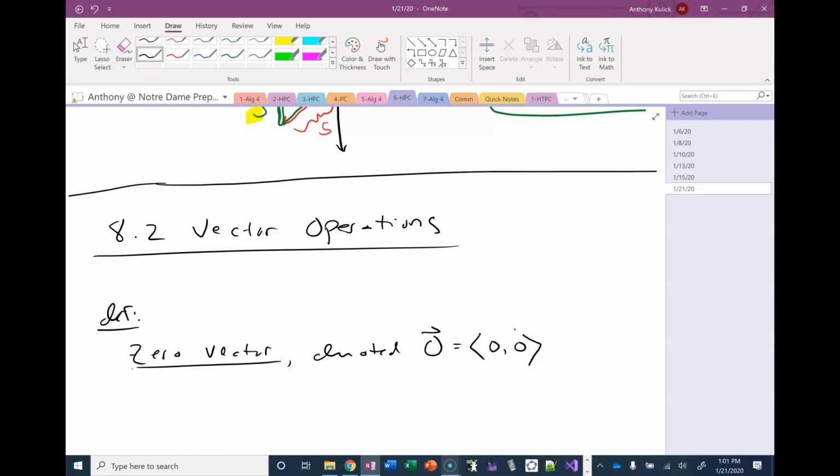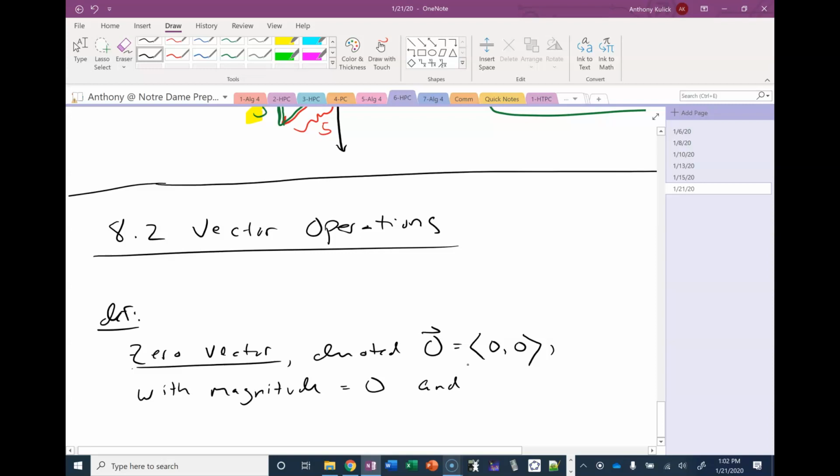So, if the component form for this vector is 0, 0, what's its magnitude going to be? 0. And what's its direction then going to be?